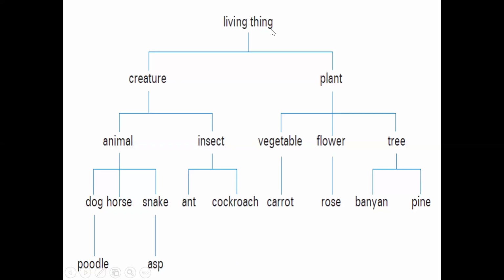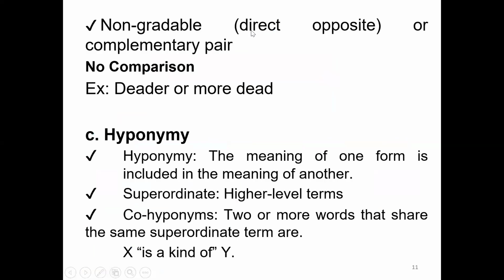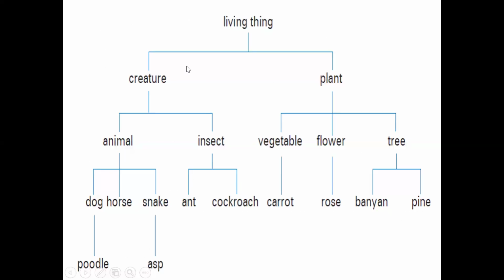So you can have a look at this diagram. You will see a lot of hyponymy. Remember, if you look at this one, living thing here is considered as superordinate. Creature and plants share the same superordinate, so creature and plant here are considered as co-hyponyms.